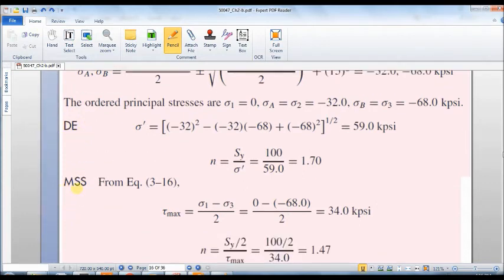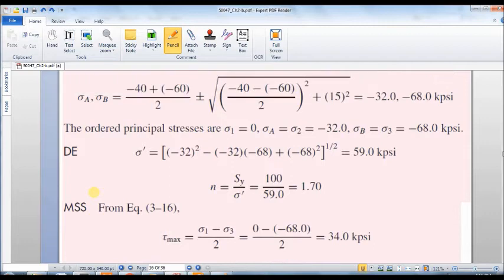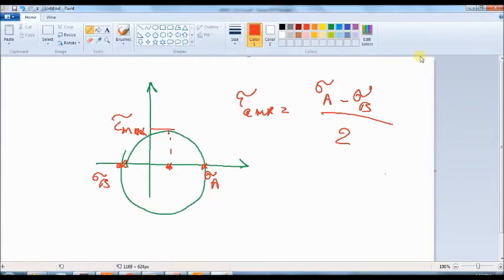Now, for maximum shear stress theory, as you can see, the case is different. This time we have two negative principal stresses. Two negative principal stresses. Okay, so let me delete this.